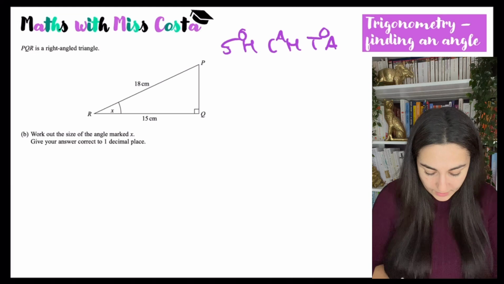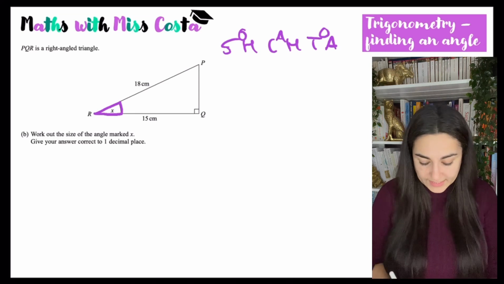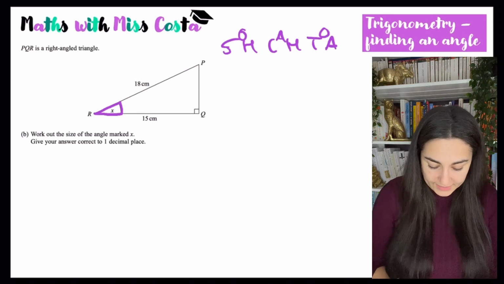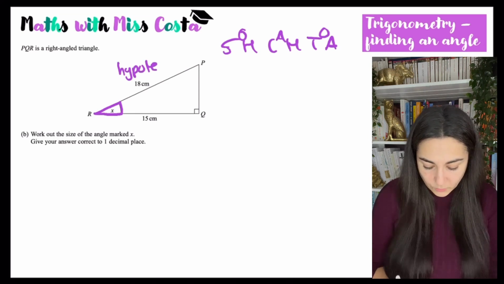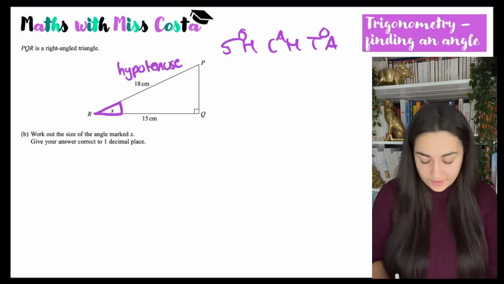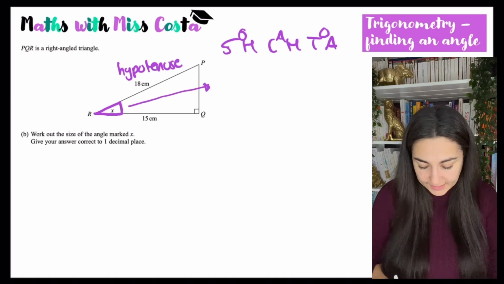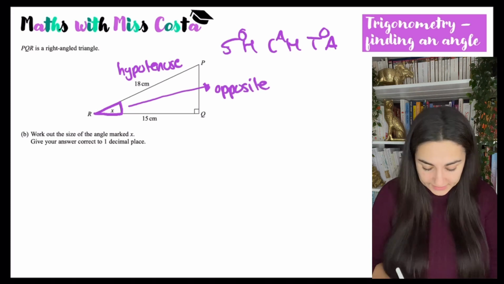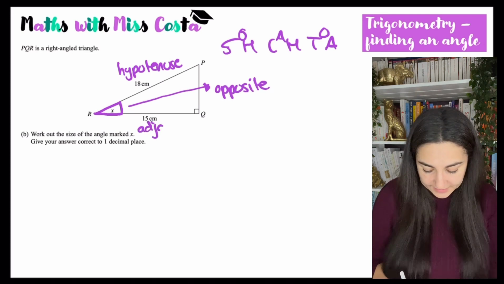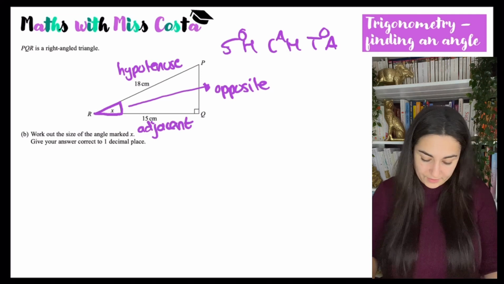This is the angle you've been given, so we label everything according to it. The right angle is here, your hypotenuse is over here because it's always opposite the right angle. This side is opposite your given angle, so that's the opposite. And this one is adjacent, next to the angle you've been given.